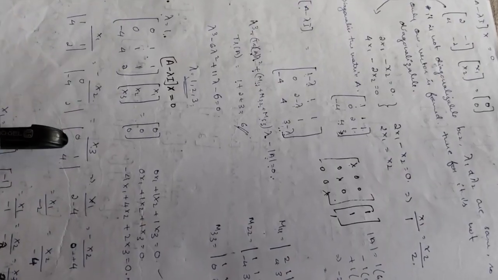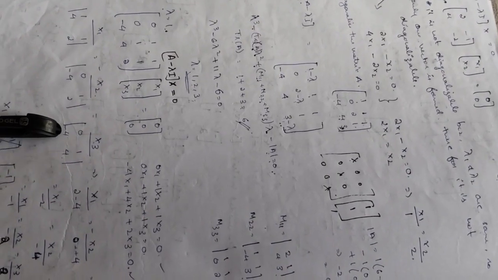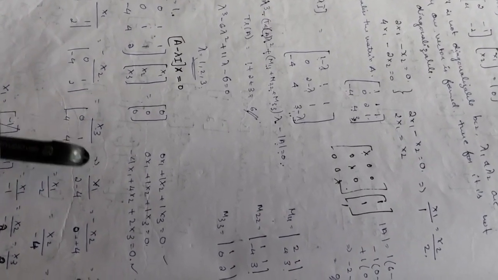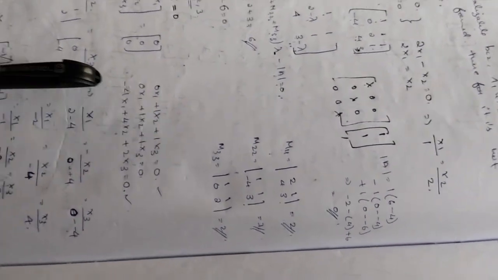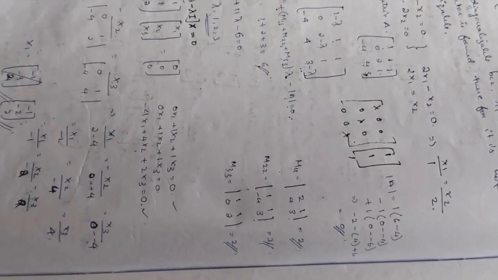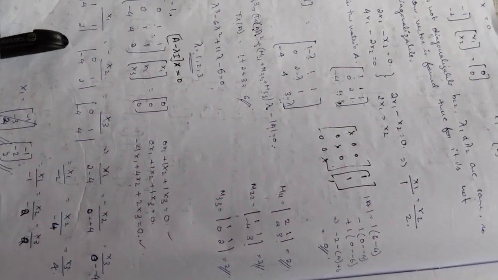Then equal to x3 divided by the elements which have no x3 coefficient: 0, 1, and minus 4, 4. When simplifying, we find the determinant of each term. Then we will get x1 by minus 2 equal to x2 by minus 4 equal to x3 by 4.